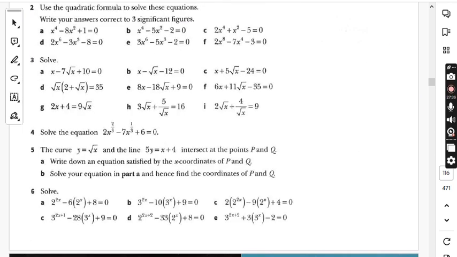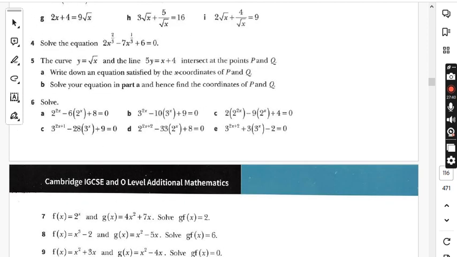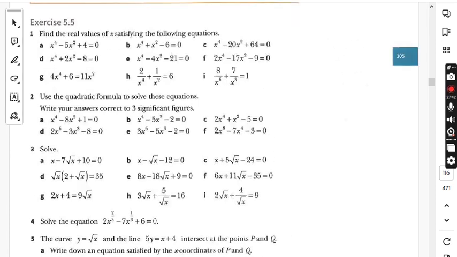I will try to finish the whole exercise in a single lecture or maximum 2 lectures. And the big news is, after exercise 5.5, not only chapter number 5 will be complete, but also the whole book of Add Math will be uploaded. This is the big achievement from my side.